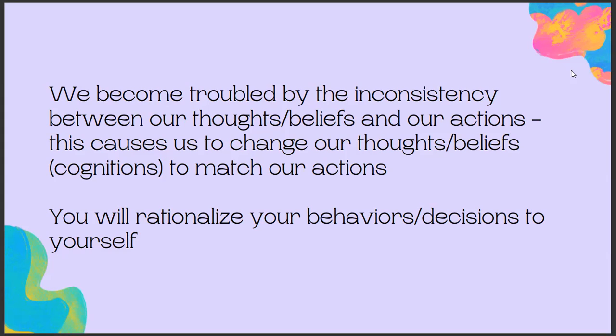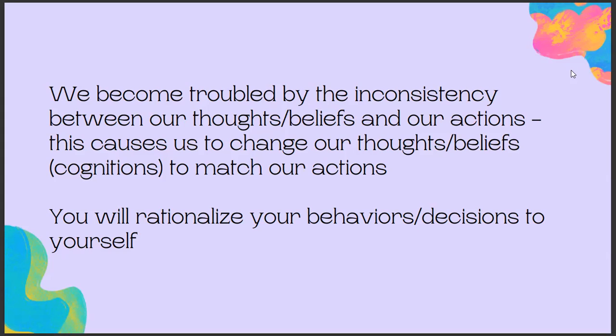So if I rationalize to myself that these lies I'm telling are not a big deal, or that they're for the best, or would they really want me to tell them the truth, then I'm rationalizing to myself that these lies that I'm telling are okay, permissible. And so I have changed my thoughts and my beliefs about lying.